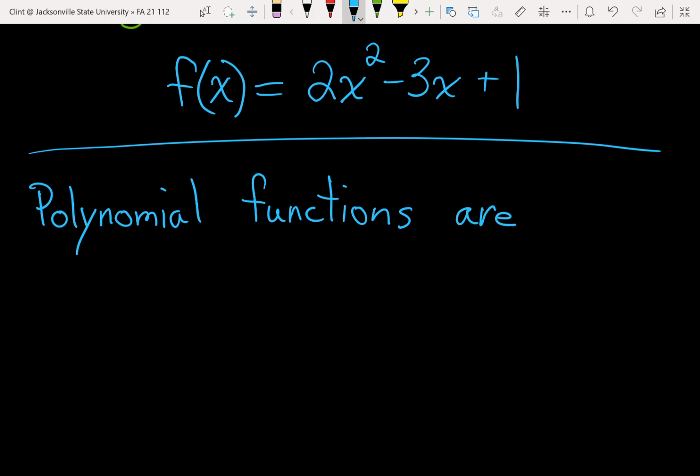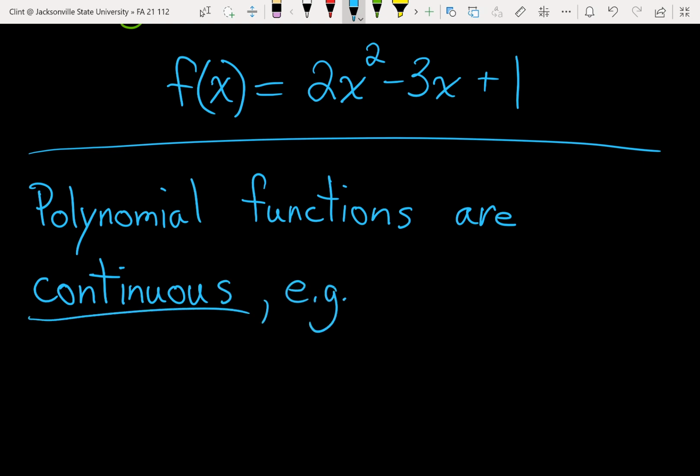Let's say the graphs of polynomials are continuous. And we'll go into some more detail about what that means. That means the graphs are smooth curves.